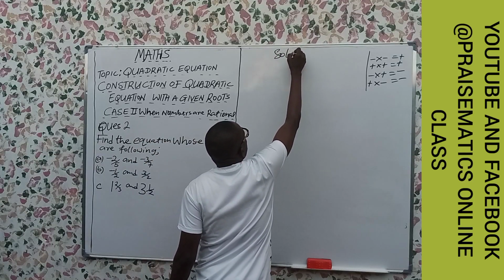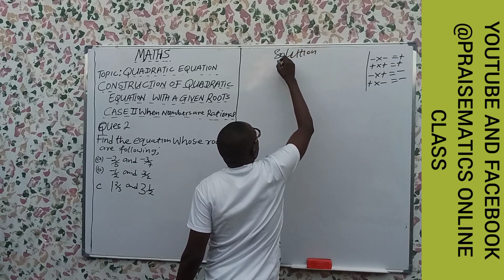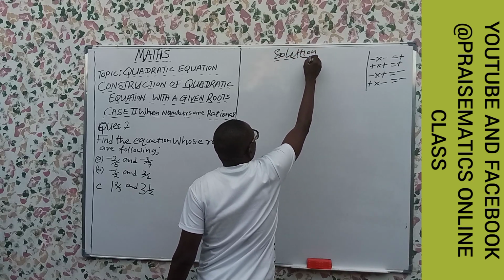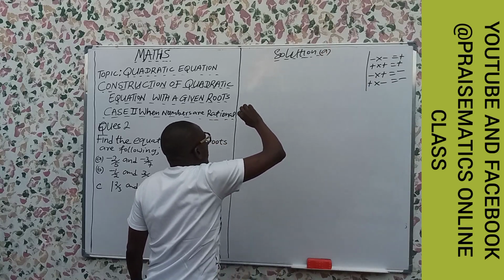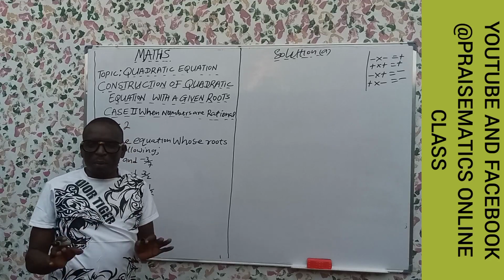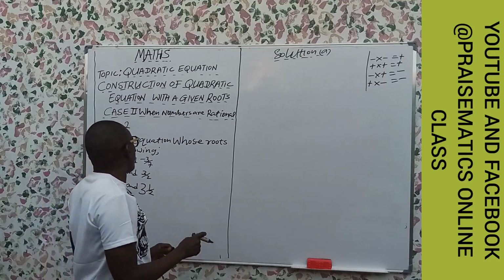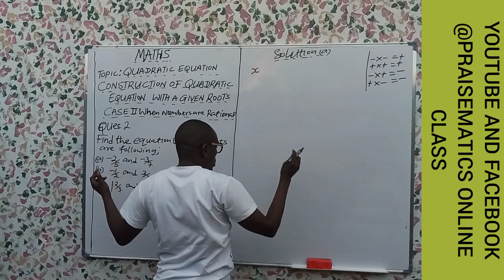Solution A. If I solve solution A, you solve the other and drop it in the comment section. Remember that we use two methods to solve them: a partial method and a formula method. We solve them together. Let me use A instead of x.